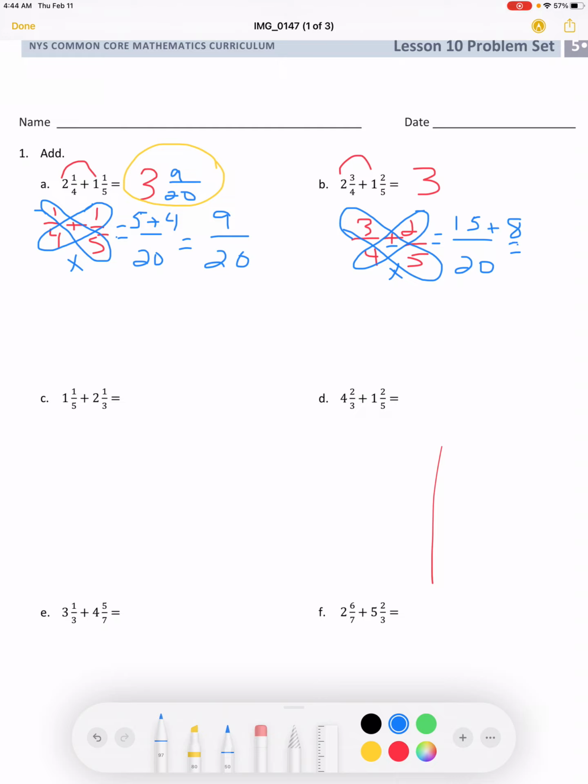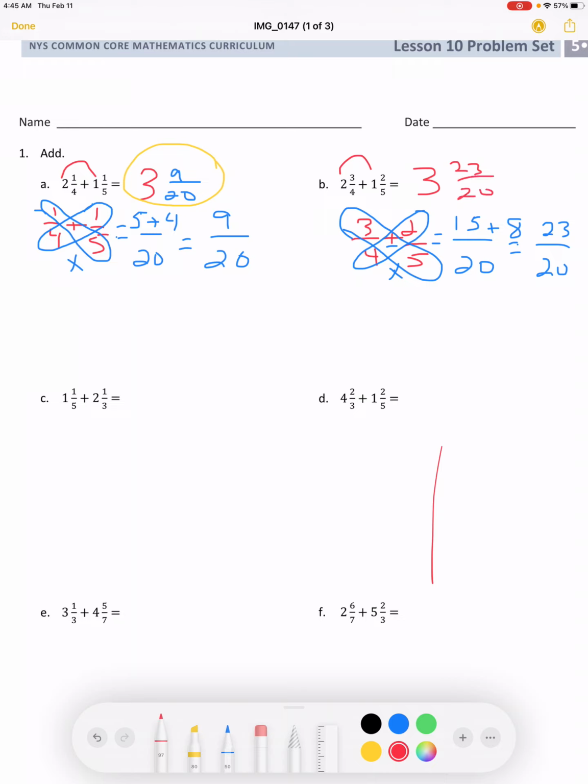I'm going to think it out and talk it out, okay? So 15, if I have 5 more, that'll give me 20. 5 from 8 is 3, so now we have 23. 23 is our numerator, and 20 is our denominator. That is the fraction portion of our mixed number. So I'm going to write it up next to my whole number, 23 over 20.